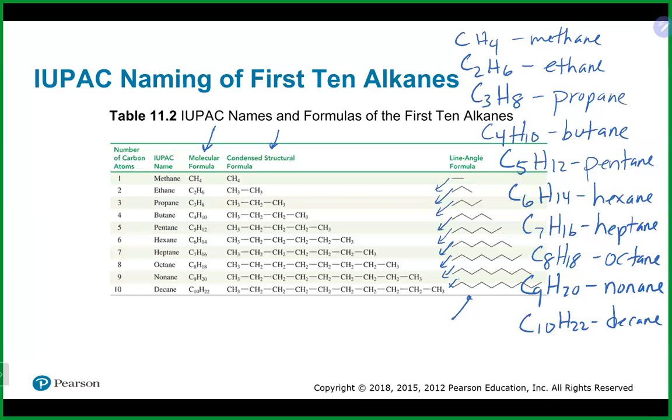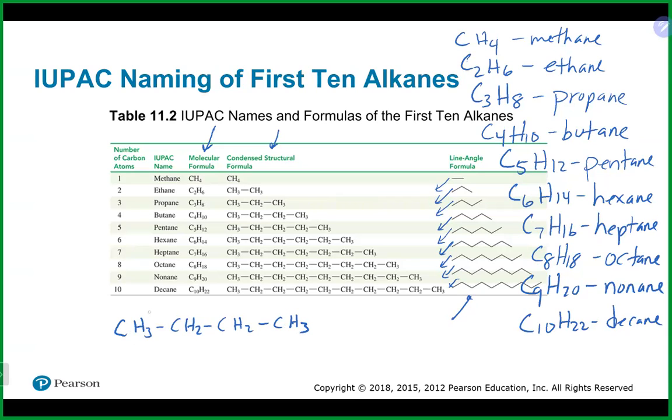Once again, these are all carbon-carbon single bonds. The attachment is the carbon to the carbon. When we look at something like CH3, CH2, CH2, and CH3, this is the condensed formula.